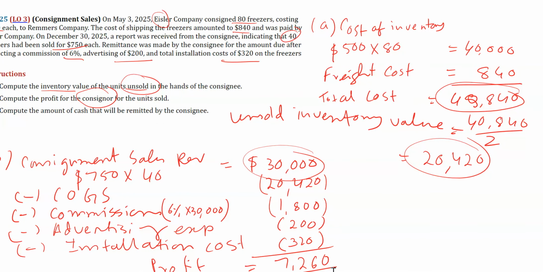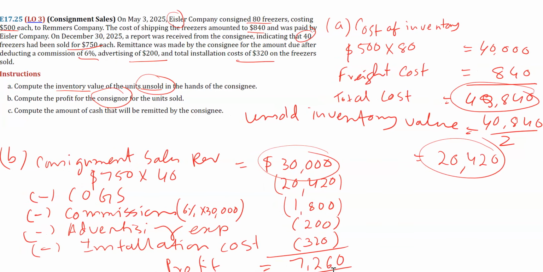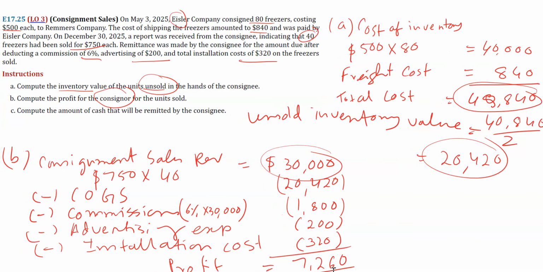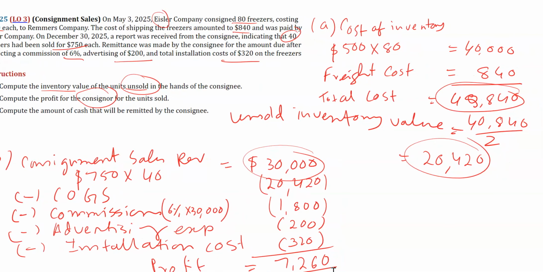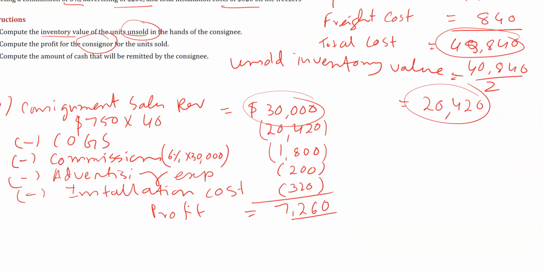Now we'll calculate the cash that will be remitted by the consignee. Let's calculate the cash that the consignee will actually transfer to the consignor. It seems that the consignee should transfer the entire 30,000, but the consignee will keep the commissions, and the advertising and installation costs will be reimbursed.